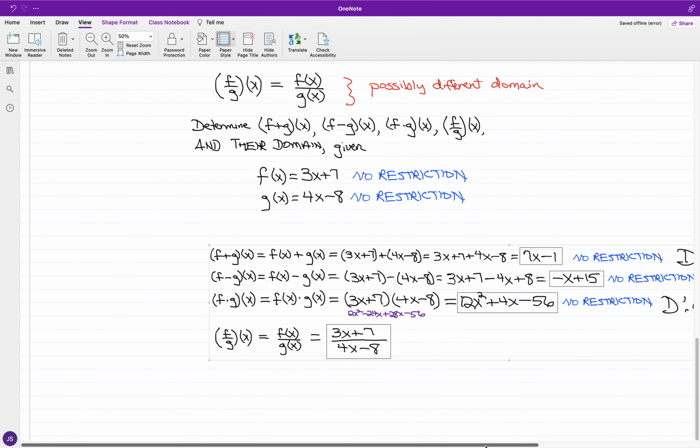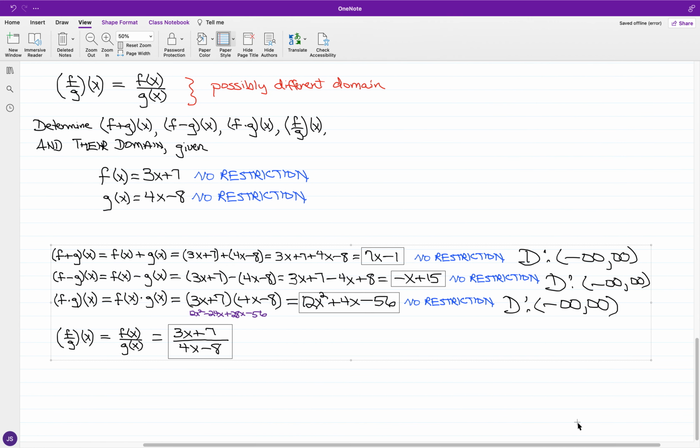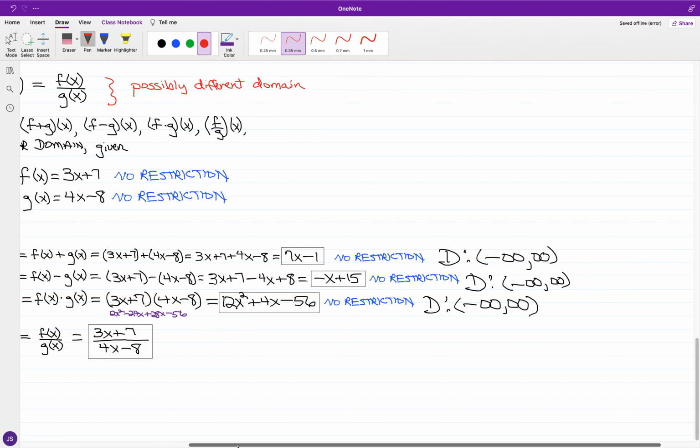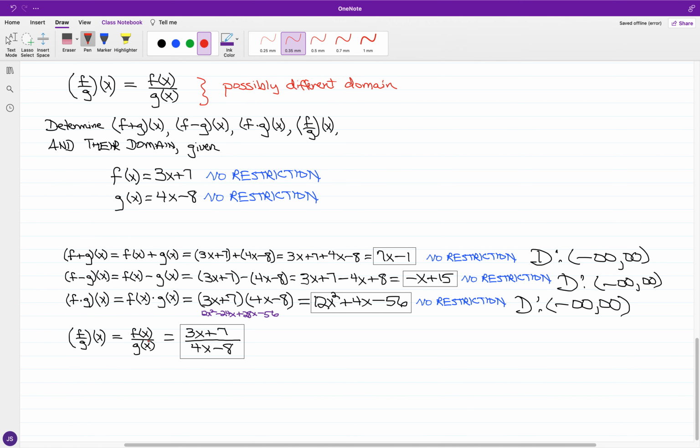And now with the quotient function, possibly having a different domain in comparison to the domain of the other three functions. So for the rational function, there's going to be a restriction on this one, because the bottom part of a fraction cannot be 0.